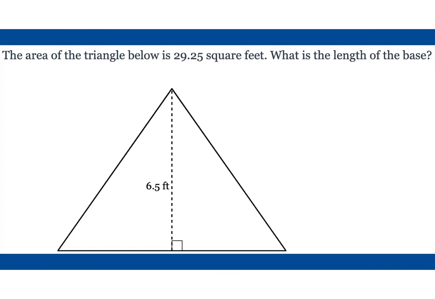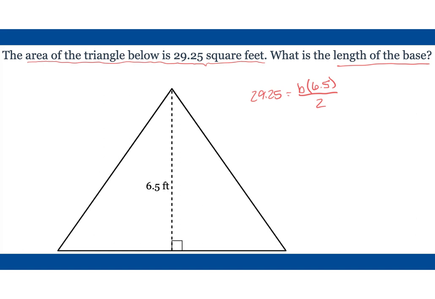Now, example 3 is a little bit backwards because this time they give us the area to be 29.25 square feet, and we need to find the base. So I'm going to start with 29.25. That's going to be equal to my base times 6.5, divided by 2.